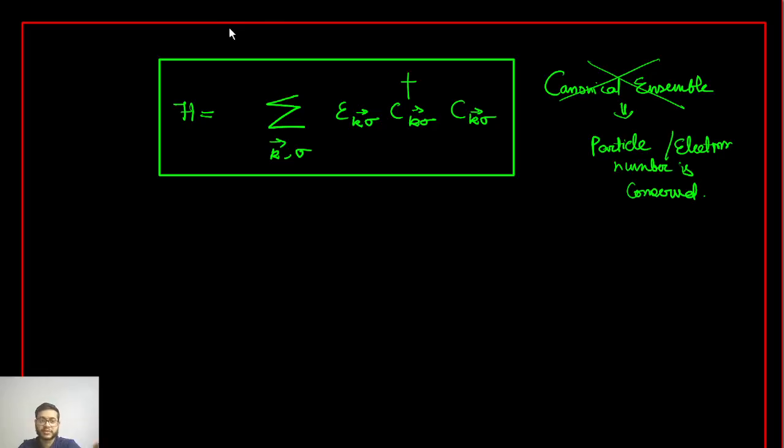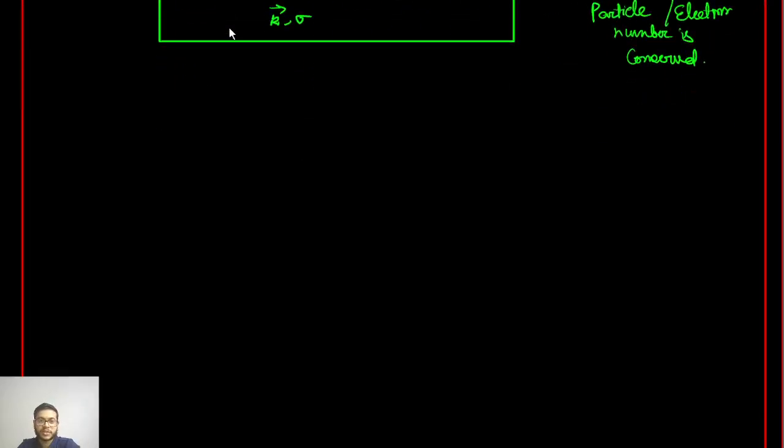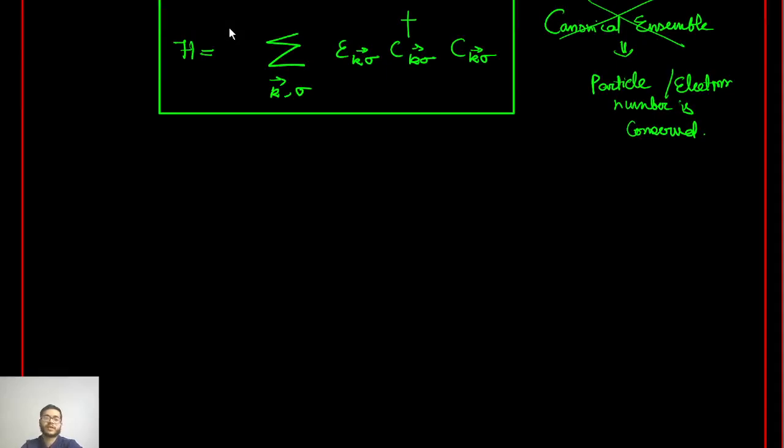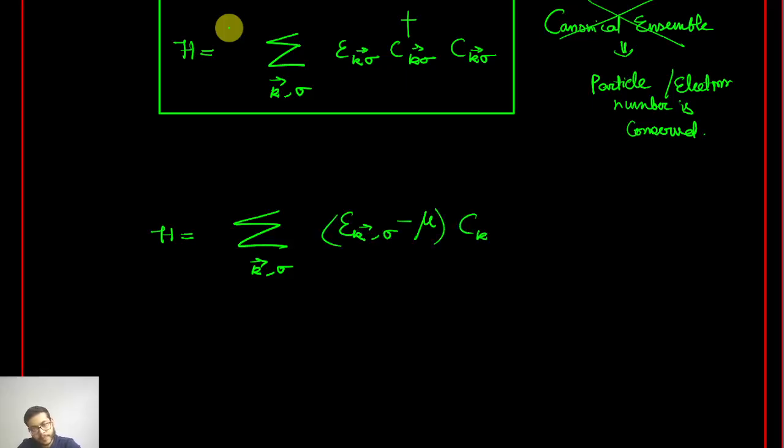An electron can leave the system, or an electron can come into the system. If we do that, the whole Hamiltonian will become this, with an extra term. What is mu? Mu is called the chemical potential.